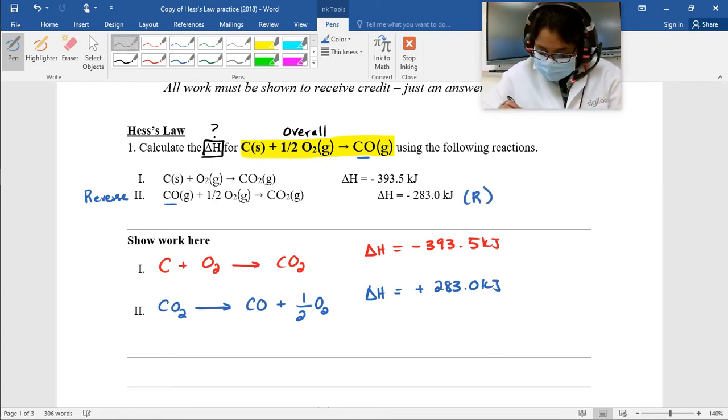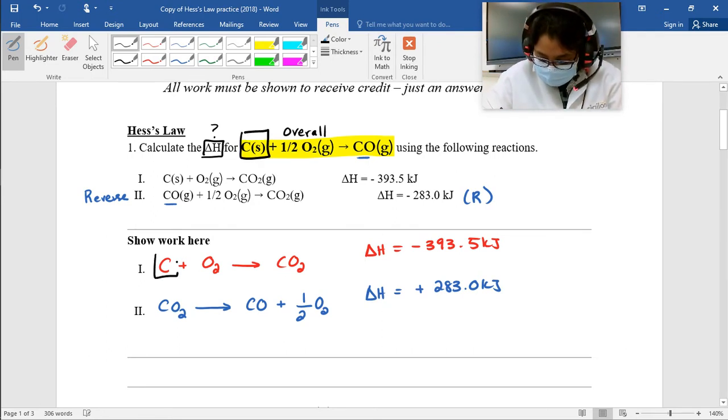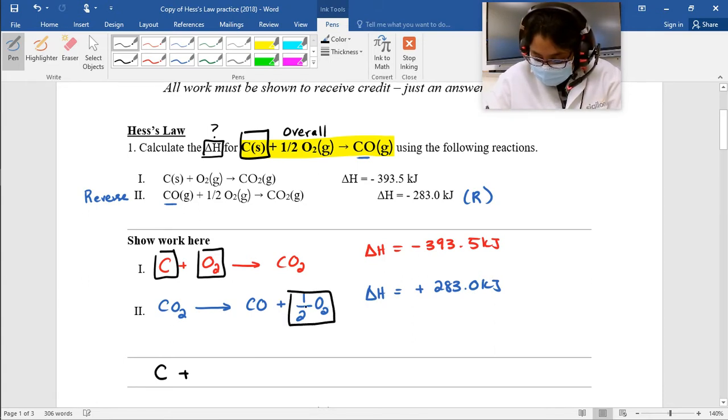So let's see if I can get the components I need. I need carbon. I have carbon. I'm going to write that here. Plus, I need 1/2 the O2. So look over here. I have 1 O2 on the reactant side of this first equation, and I have half an O2 on the product side.